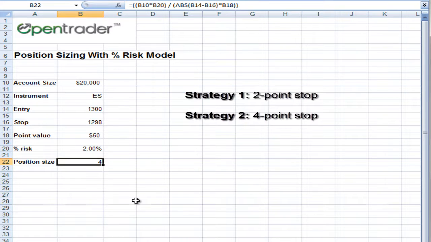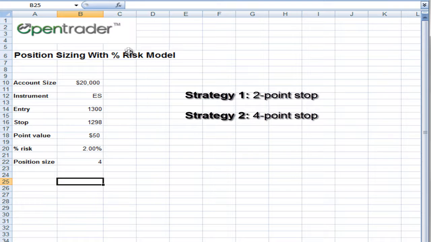But with a 4-point strategy, your loss is going to be $800. So strategy 2 is going to give you twice as much loss as strategy 1, even though in essence they're just different setups. I.e., in essence, you don't want to be risking different amounts on them. They're just two different setups within the same account. So why are you losing twice as much on one setup as the other?